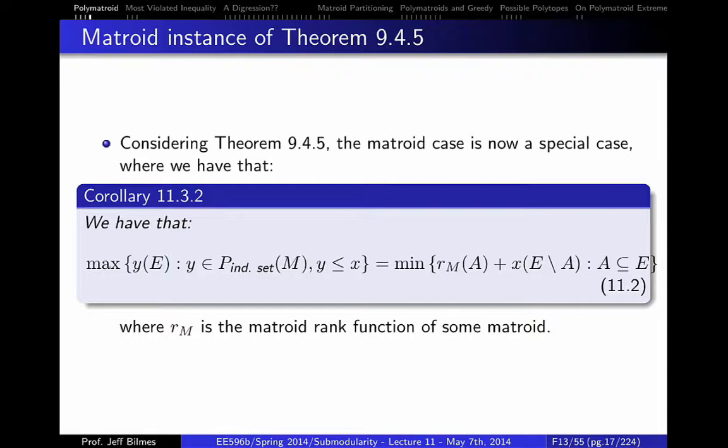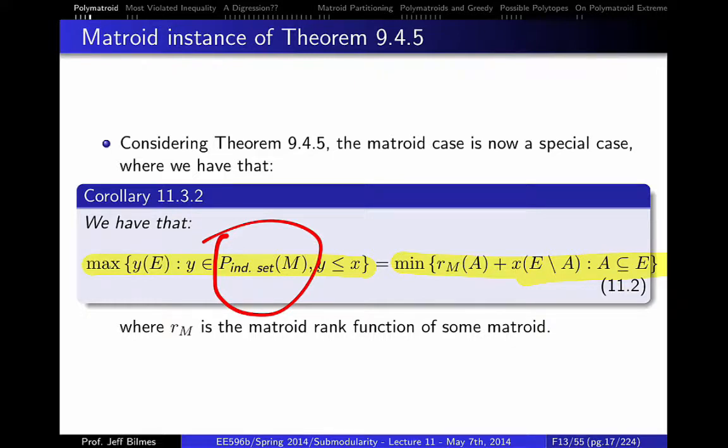Now, another thing that may be worth mentioning in passing is that we can look at Theorem 9.4.5 in the matroid case. In the special case where the function f is a matroid rank function, this minimization problem has as its dual this maximum vector rank problem, but where the polytope here is the independent set polytope.